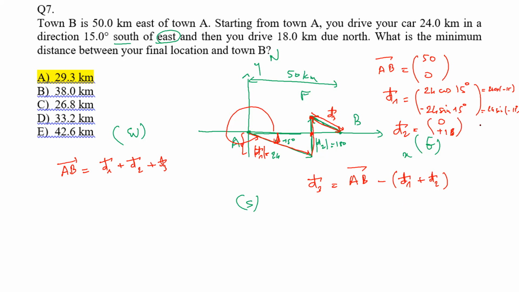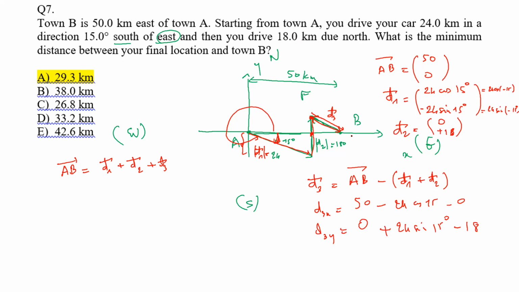So I know everything. I know D3X, it will give me 50 minus 24 cosine 15 minus 0. And D3Y will give me what? 0 minus minus, so it will give me plus 24 sine 15, and then I will have minus 18.